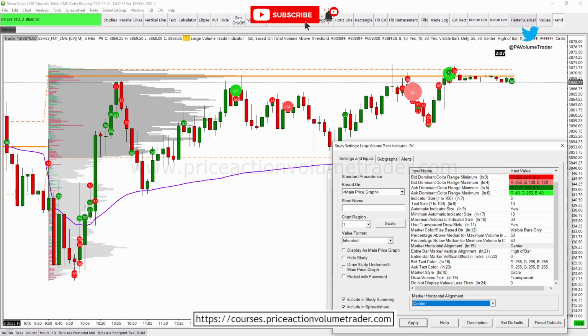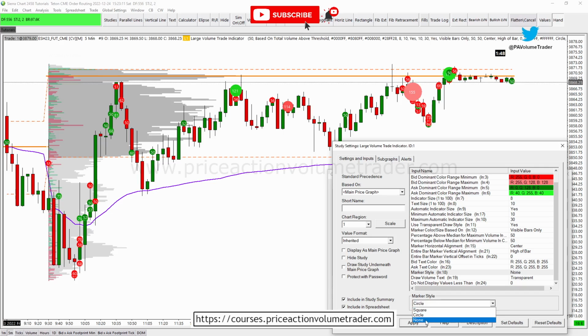This entire bar marker doesn't apply to me. The bid text as color, you can change the color of the text, but I like to have it white because it contrasts pretty well with the red and green of the bubbles. Market style, I like the circle.